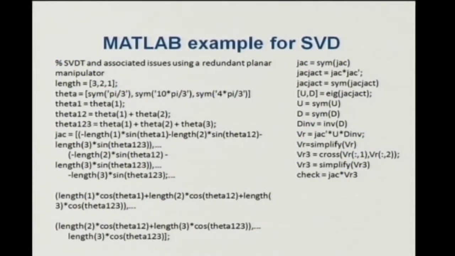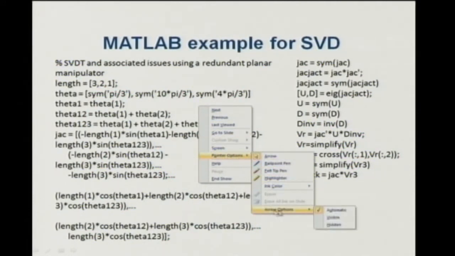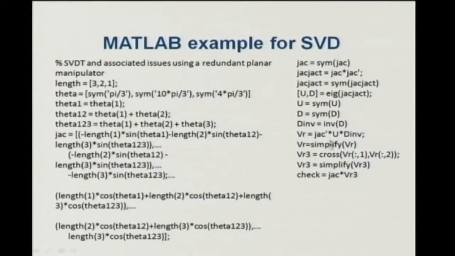And then I ask it to find the eigenvalues and the eigenvectors of that. So I form the matrix D and then I invert D. Then the VR that I talked about gets defined as Jacobian transpose times U star D inverse, and then I simplify VR.